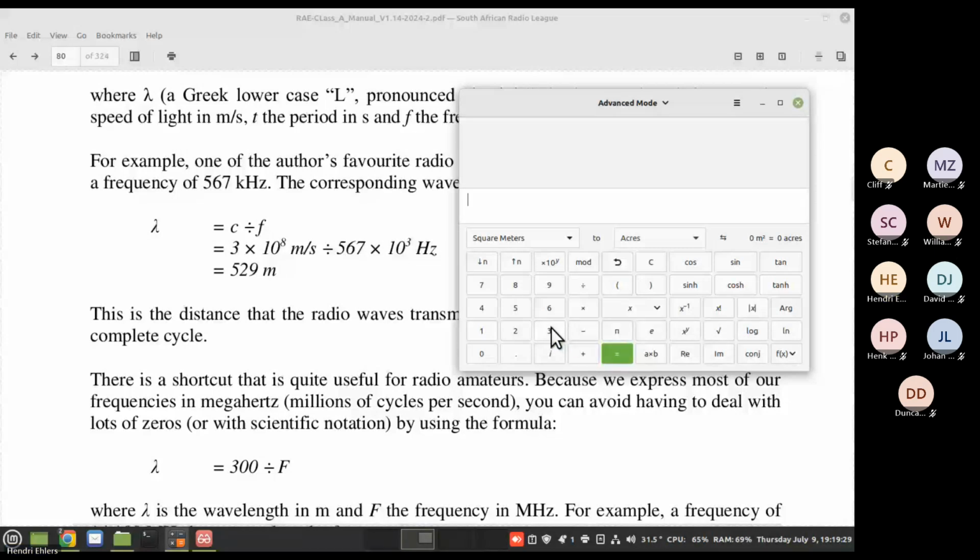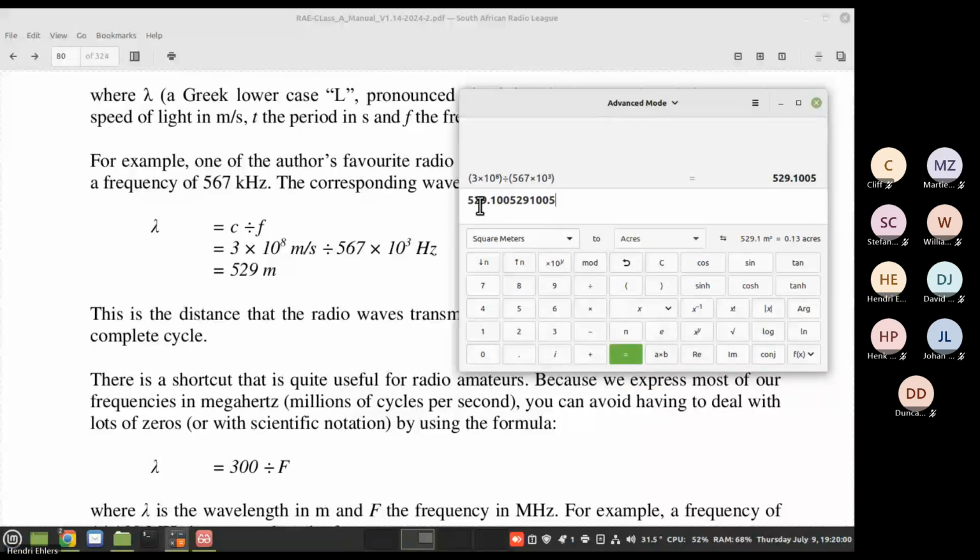So we say 3 times 10 to the 8, divided by 567 times 10 to the 3, because that's kilohertz, and that equals 529.1, close enough.